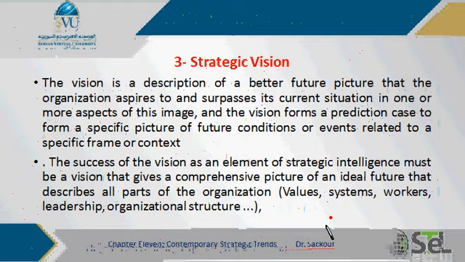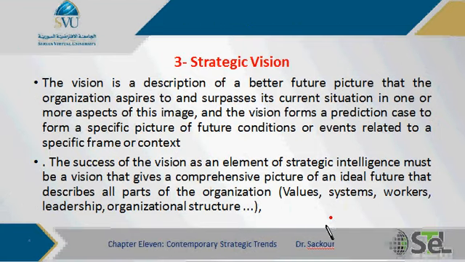The vision is a description of a better future picture that the organization aspires to, and surpasses its current situation in one or more aspects of this image. The vision forms a prediction, as we said.